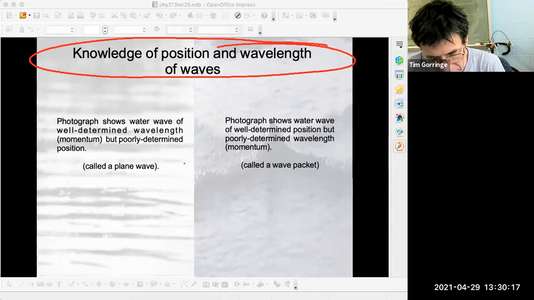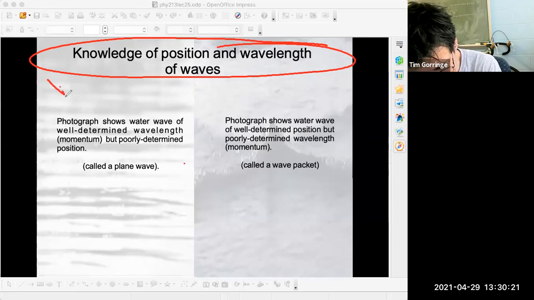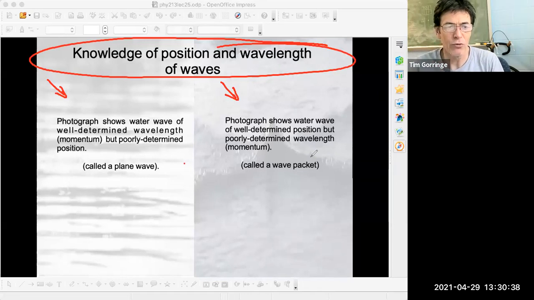So look, there are two pictures here. It didn't come out very clear, but there's a picture on the left and a picture on the right, and they're pictures of water waves. You see the ripples on the left, and on the right you see this peaked wave. These two pictures show extremes of the uncertainty principle applied to water waves.